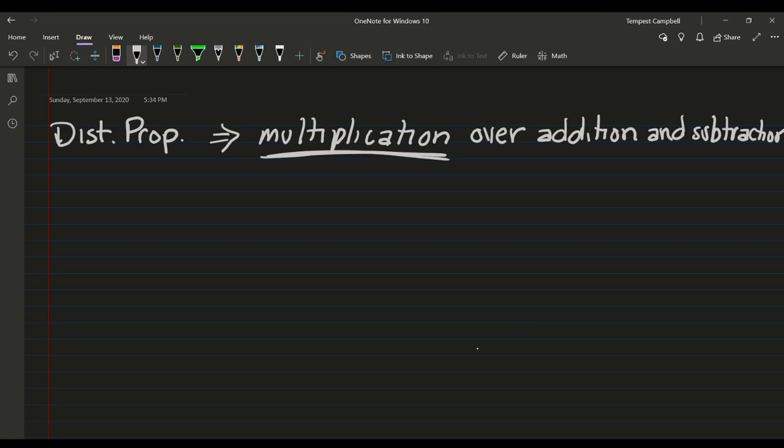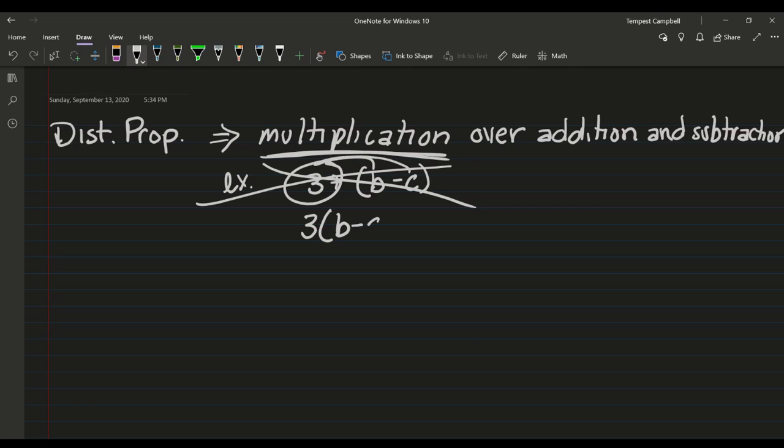It's only multiplication. We cannot distribute using addition on the outside. So say we had something like 3 plus the quantity B minus C. We cannot distribute this. Don't do that. That is not a thing. It has to be multiplication. So this is what it would have to look like in order for us to distribute it.